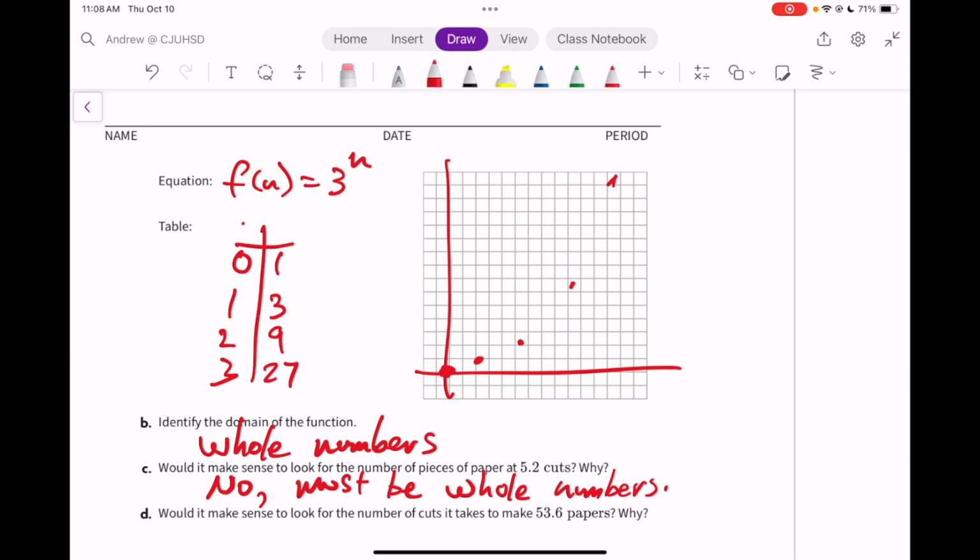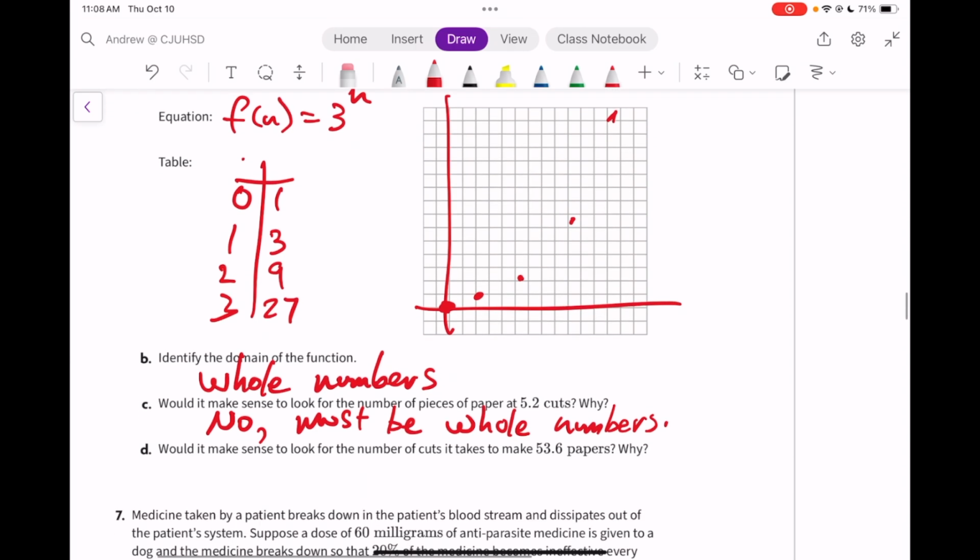Would it make sense for the part D? Would it make sense to look for the number of cuts it takes to make 53.6 papers? Again, no, because you can't have partial papers. No partial papers. That's why this is discrete.